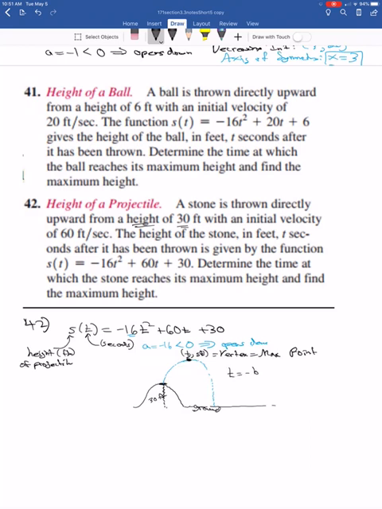So t will be calculated as -b over 2a. That would be -60 divided by 2 times -16. So again, plugging in our values of a and b. Let's go ahead and simplify. What is negative 60 divided by 2 times negative 16? That's negative 32.